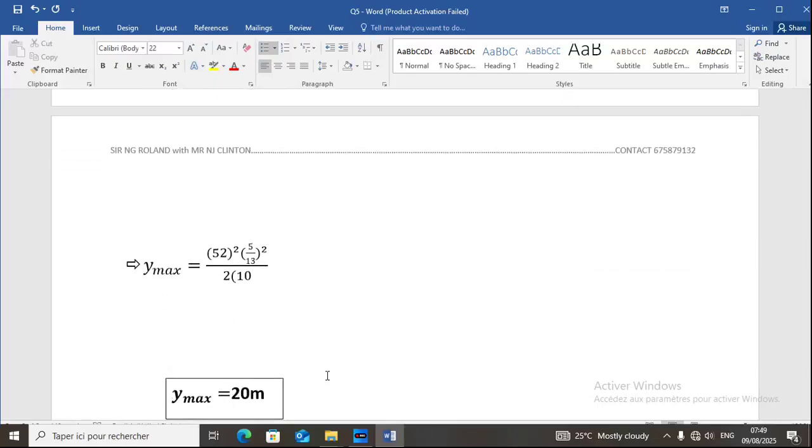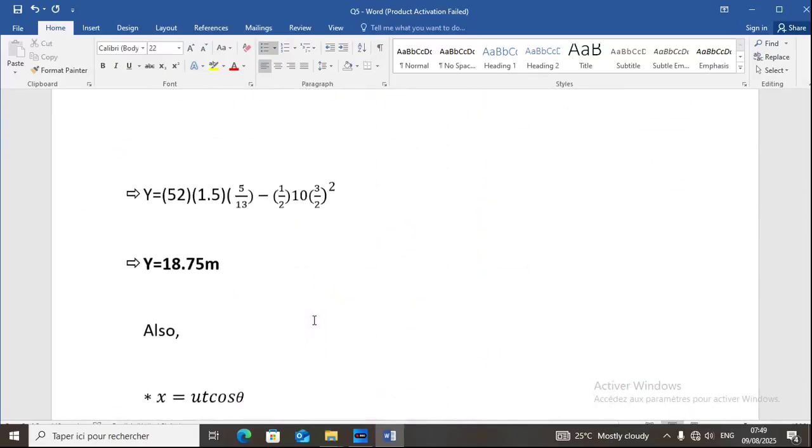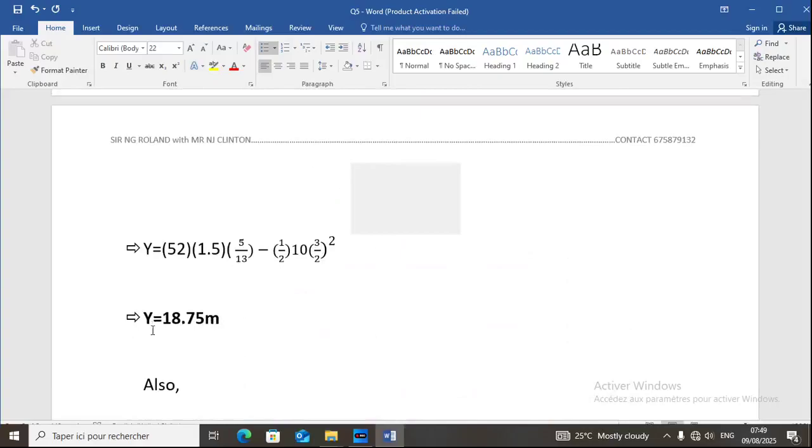So if you do that, you are going to have the maximum height to be 20 meters, as the maximum height attained by the particle. You realize that the maximum height cannot be below this vertical distance here. It can never.